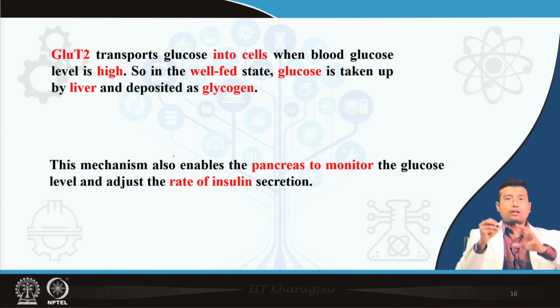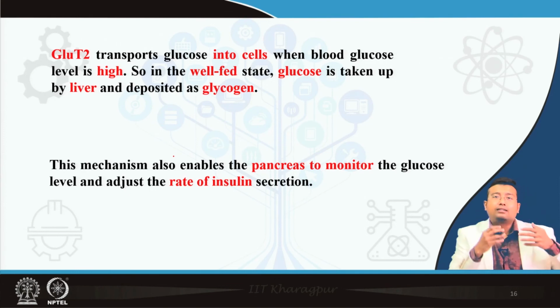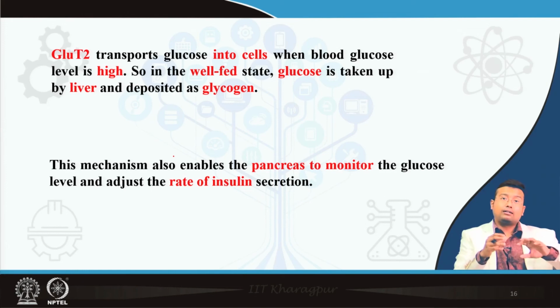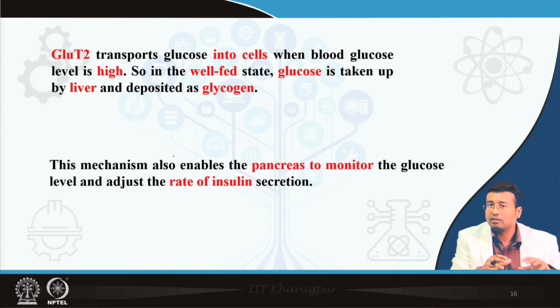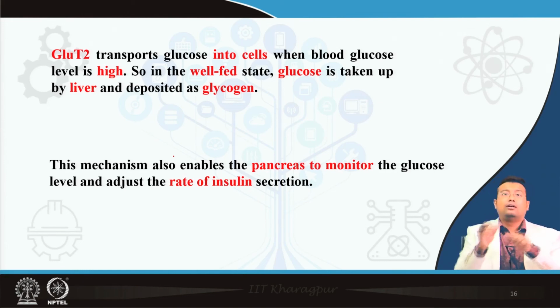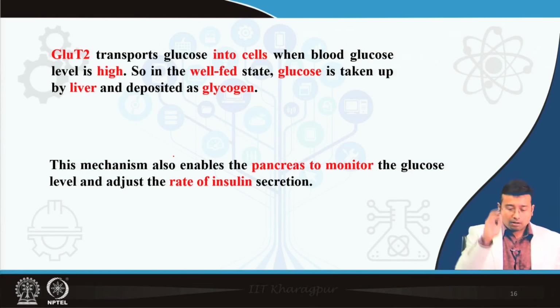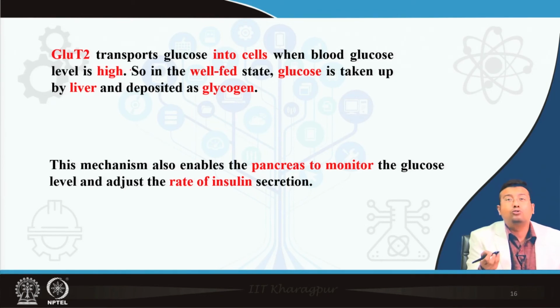There is a type of circulation known as portal circulation. If you are well versed in anatomy, the blood flow happens in the reverse direction compared to the enteric blood vessel. Just as a rule, mind it, GLUT2 transports glucose into the cell when blood glucose is high, right.